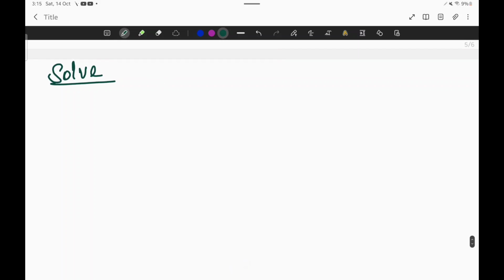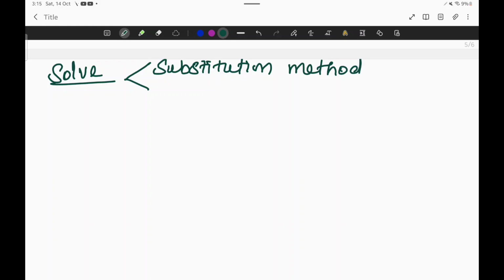Now we will solve that factorial value recurrence in two methods. The first method is the substitution method and the second method is the master theorem. Either we can solve that particular recurrence relation in any of these two methods.